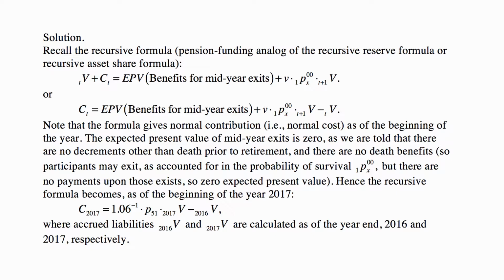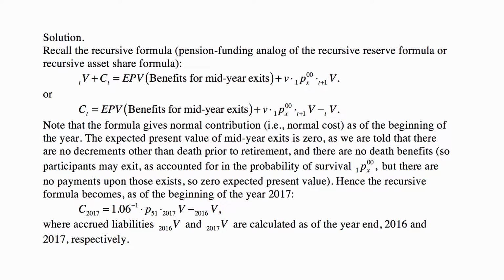That's one way of writing this, or you can just figure out what the normal cost or normal contribution is based on that. It's going to be equal to that final reserve. Of course, it's discounted to the beginning of the year.